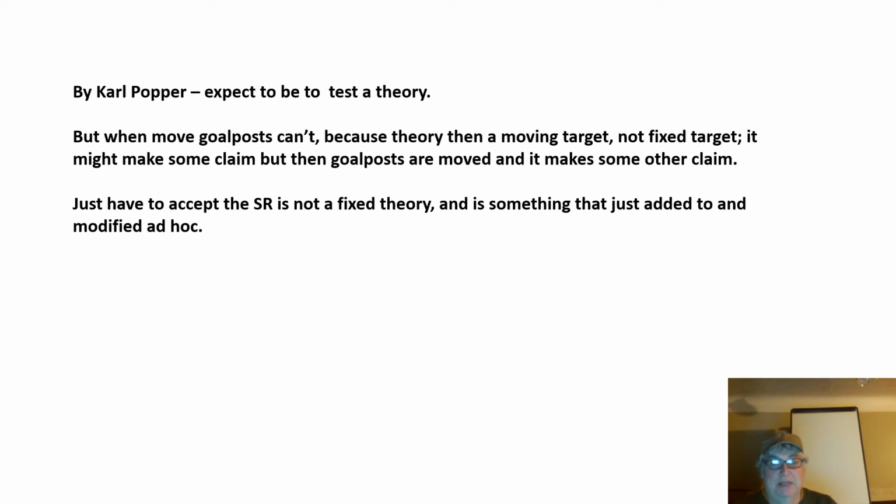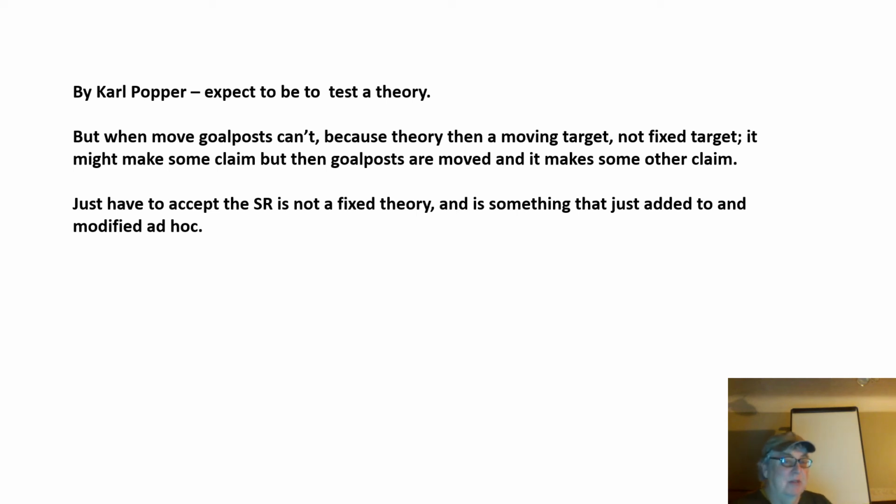You want to be able to test a theory, because if you're moving goalposts, then the theory becomes a moving target. It's not a fixed target. It might make some claim, but then the goalposts are moved and it makes some other claim. You've not got some definitive claim which can be tested. Instead, you've got something that can be modified to make different claims, lots of claims.